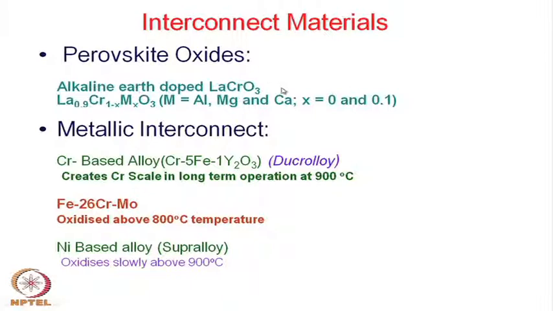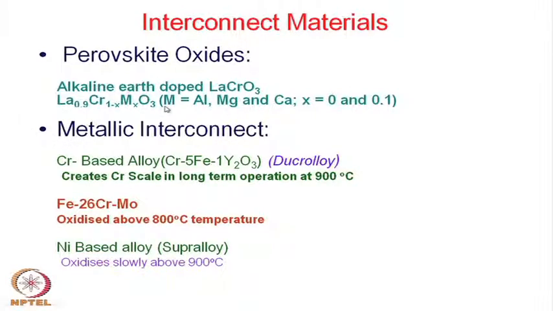It is not only pure lanthanum chromite, but some dopants can also be used as a sintering aid, because again, like the electrolyte, this material also has to be very dense. There should not be any molecular diffusion of gases through this material between the two chambers, the two enclosures.